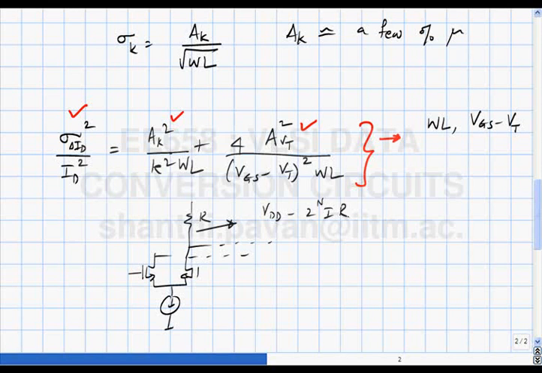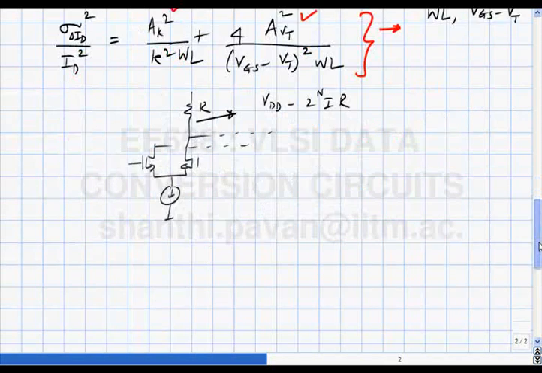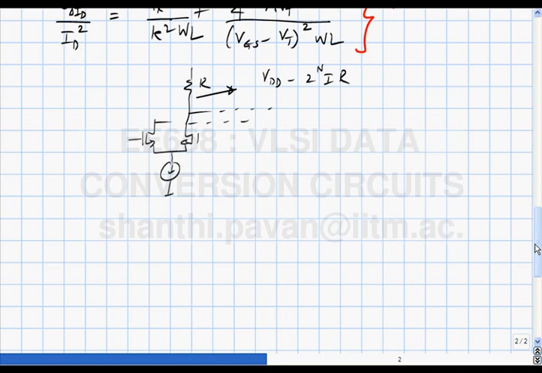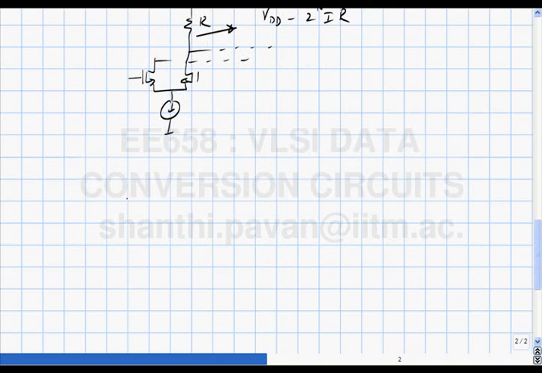It goes down. If that goes down, and you want to keep VGS minus VT the same, WL will become larger and larger. So once you get WL, the next thing to do is, this is fixed based on mismatch considerations.